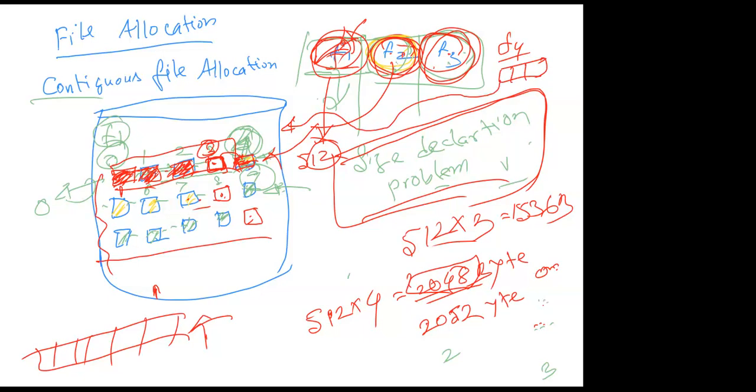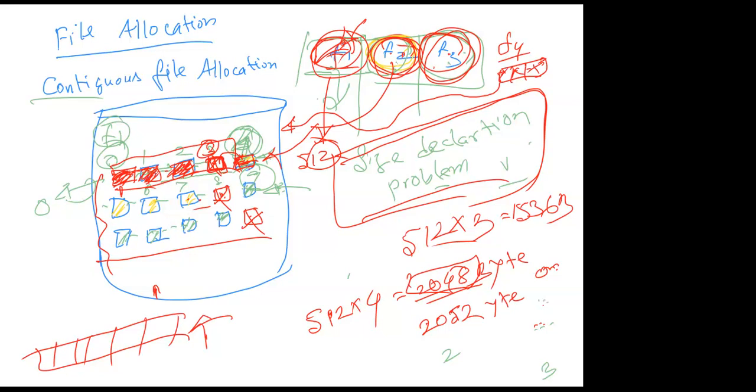Here you see a total of 3 empty blocks is available, but you cannot store this file because these empty blocks are not in a contiguous location. Even though 3 empty blocks are available inside this hard disk, you cannot use them.